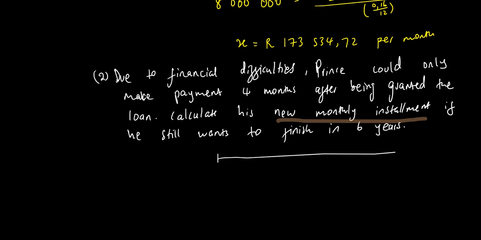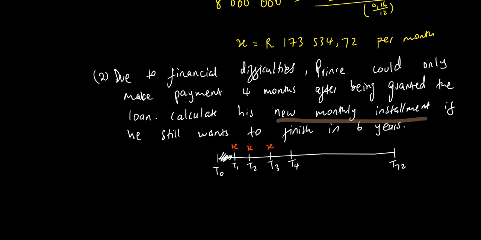Understand that in total from T0 you have 6 years again, which is T72 here. But I could only pay 4 months after being granted the loan. That means, guys, I have missed the gap that is required. I was supposed to pay here, I didn't. Here, I didn't.